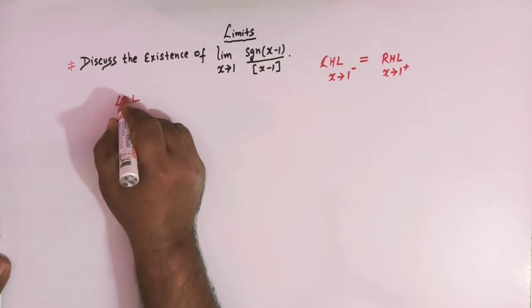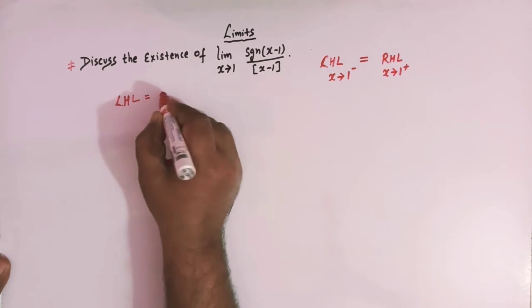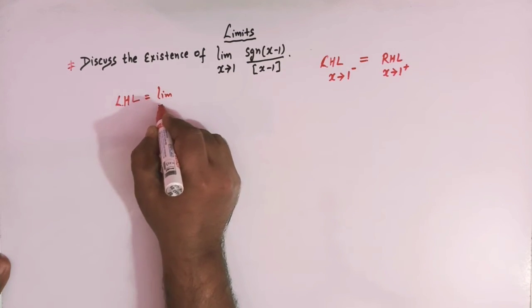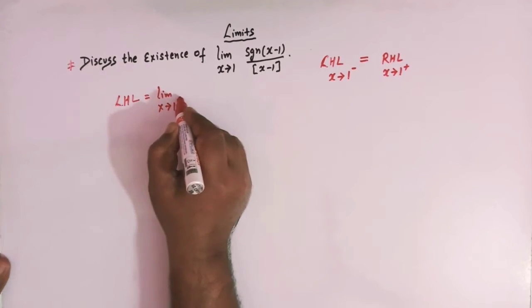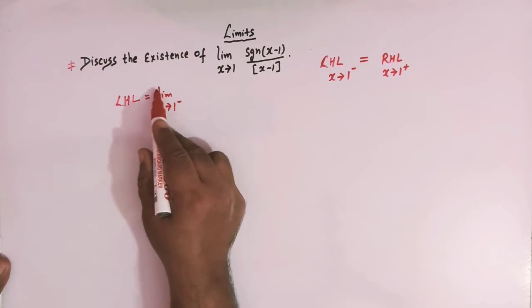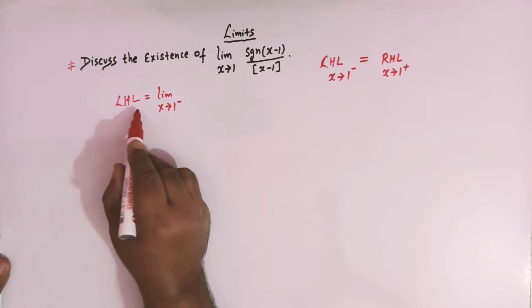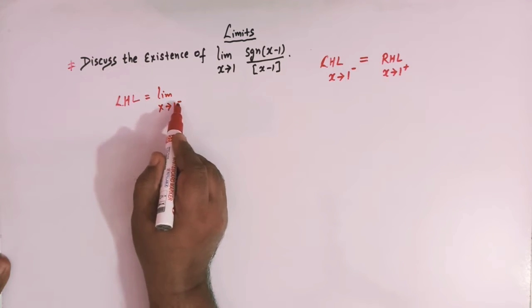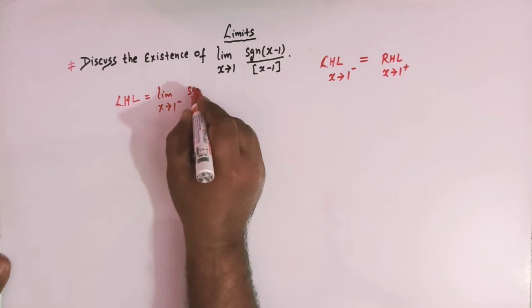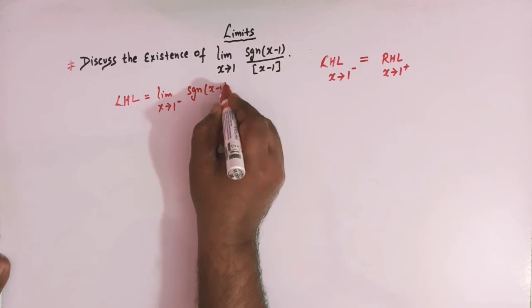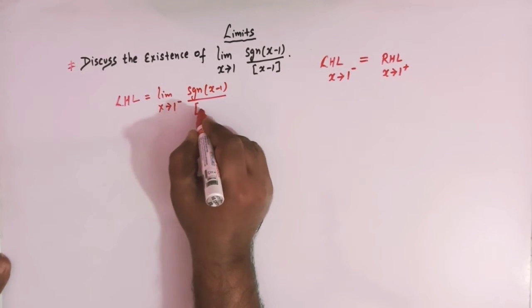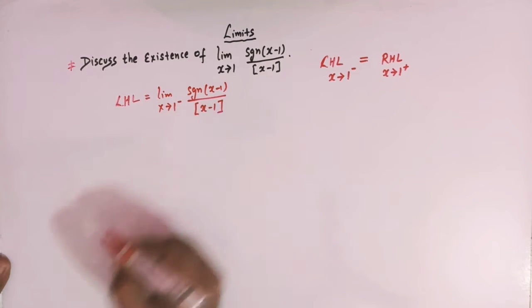So the left hand limit can be written as the limit x tends to 1 minus, where this negative sign is the symbol for left hand limit. So limit x tends to 1 minus, and we have here signum of x minus 1 divided by greatest integer of x minus 1.